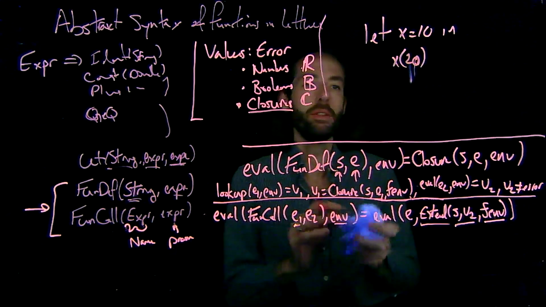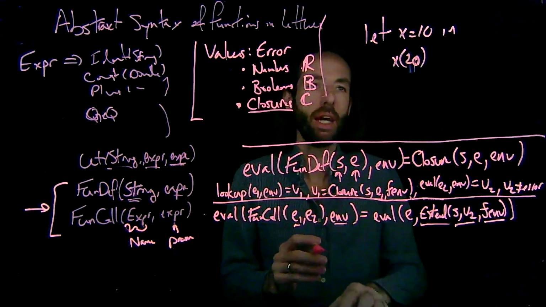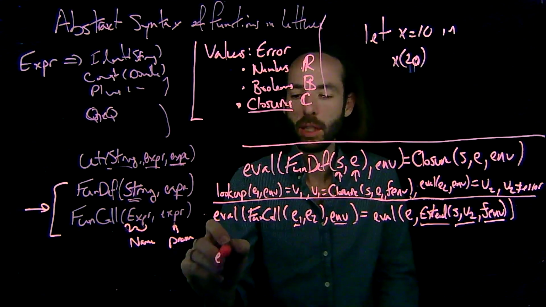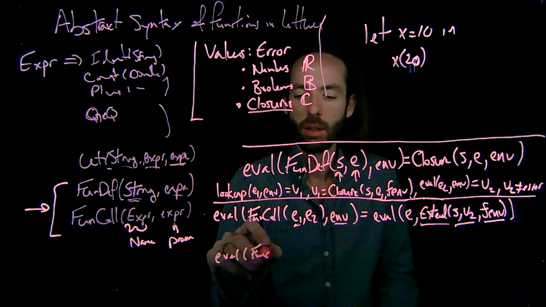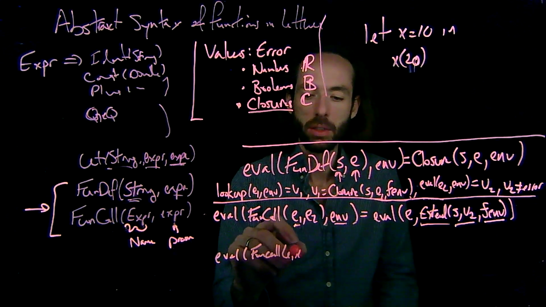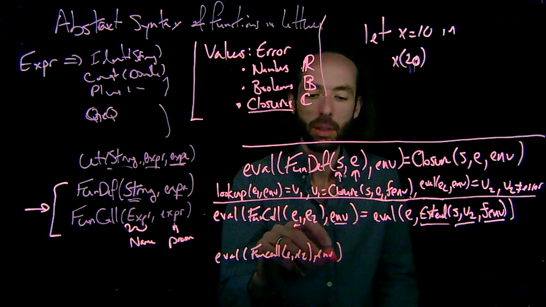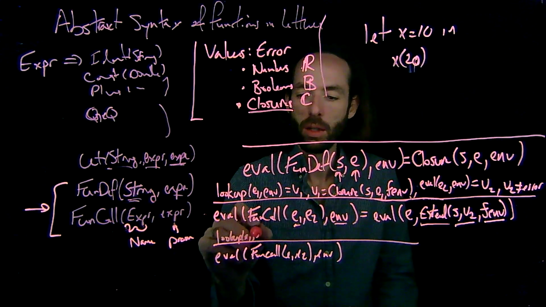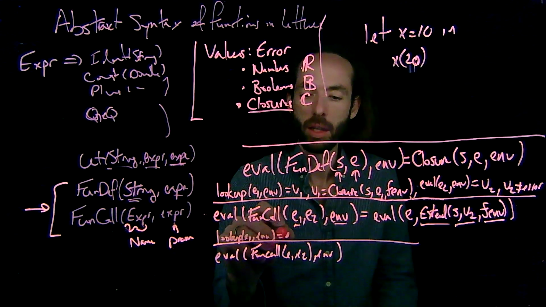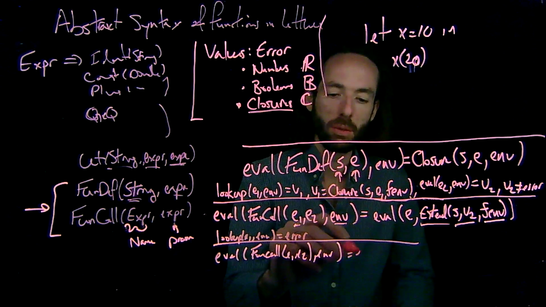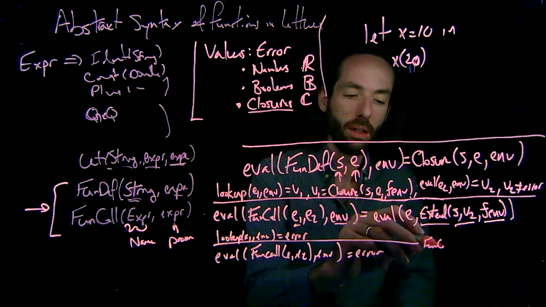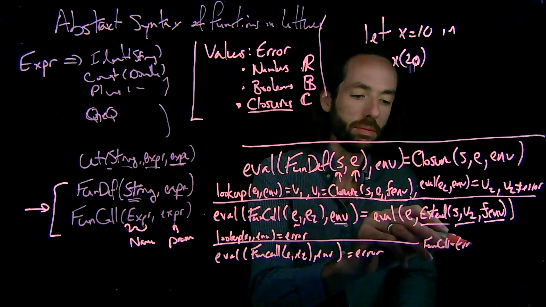We're trying to call x as a function, but x is not defined as a function. So we should have an error case when this happens. So we should have an eval of funcall of E1 and E2 under an environment. Well, if lookup E1 in the environment is an error, then we just want to return an error. So this is funcall error 1.